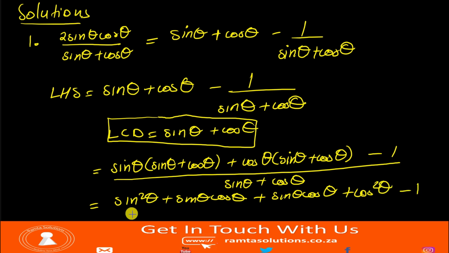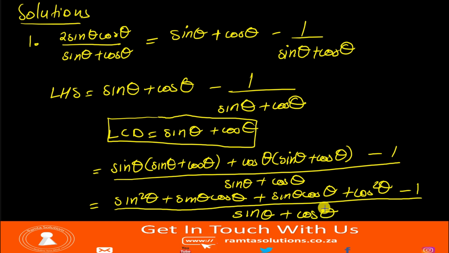Of course, we also have the minus 1. Alright? All these are over sine theta plus cos theta. Now, collecting like terms, you have sine theta cos theta plus sine theta cos theta. You also have sine square theta plus cos square theta. This must be 1.